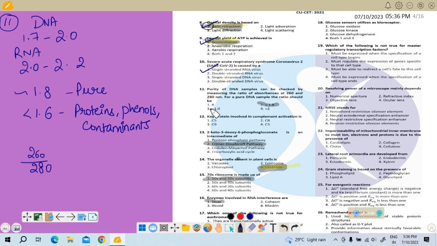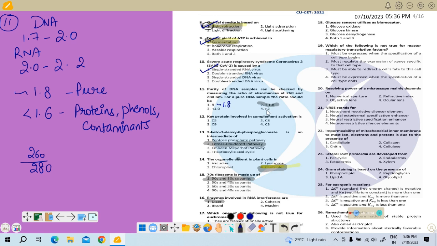So pure DNA sample, this should be 1.8. First option, this is 1.8. If we see the second option, it states less than 1.8, which means somewhat impurities are there.